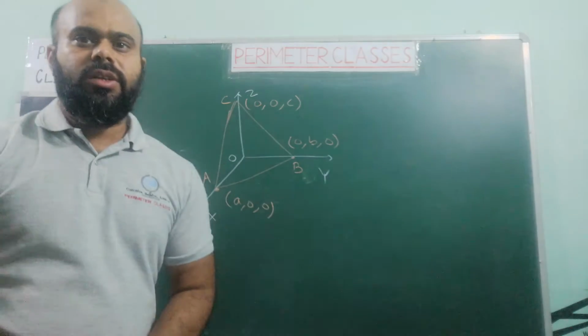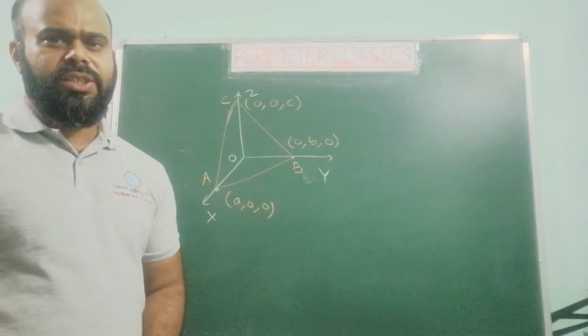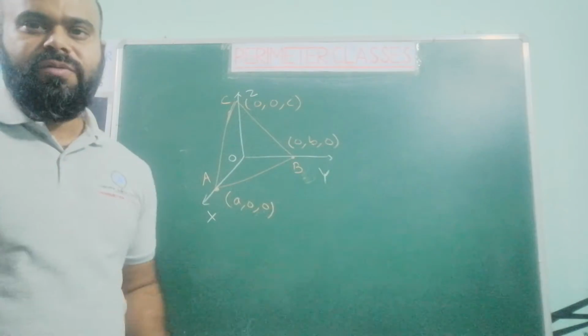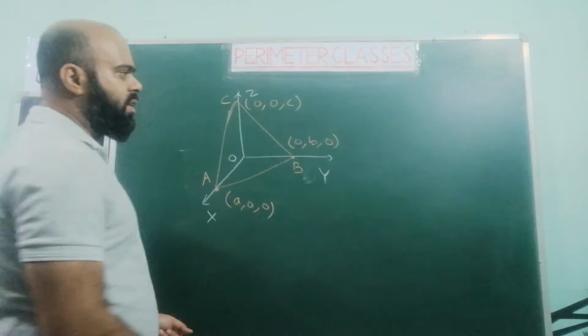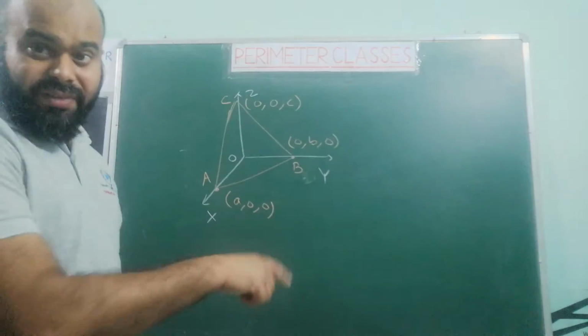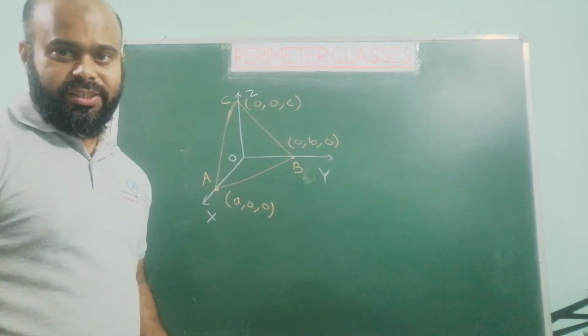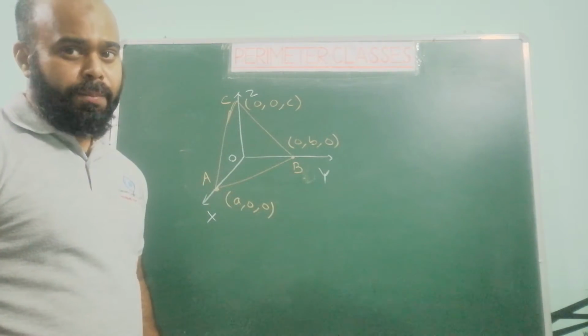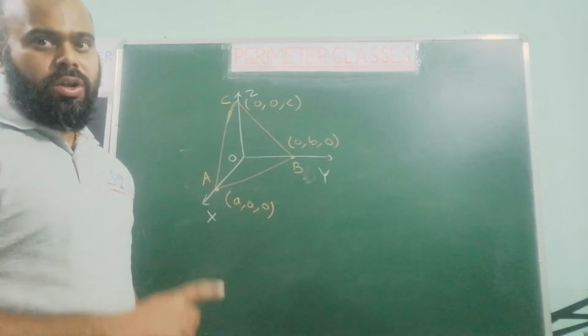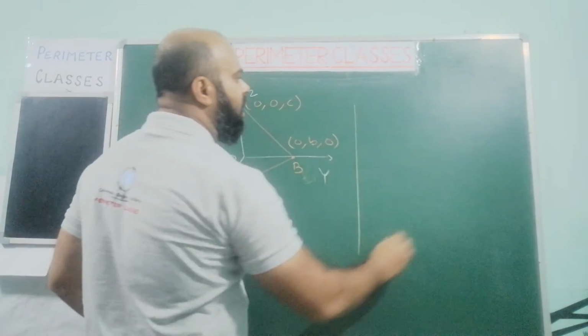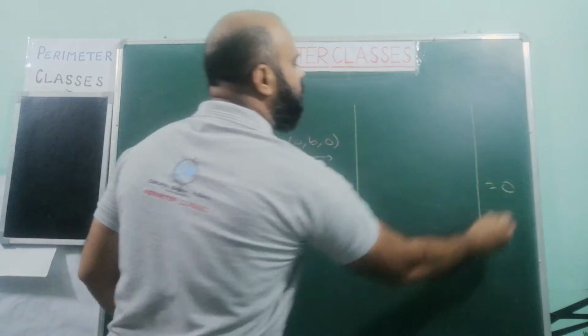Now if we want to find the equation of the plane with the help of this, one method is, as we studied in the previous lecture, that we have three non-collinear points lying on the plane. Using that concept, we remember we studied a determinant equal to 0.